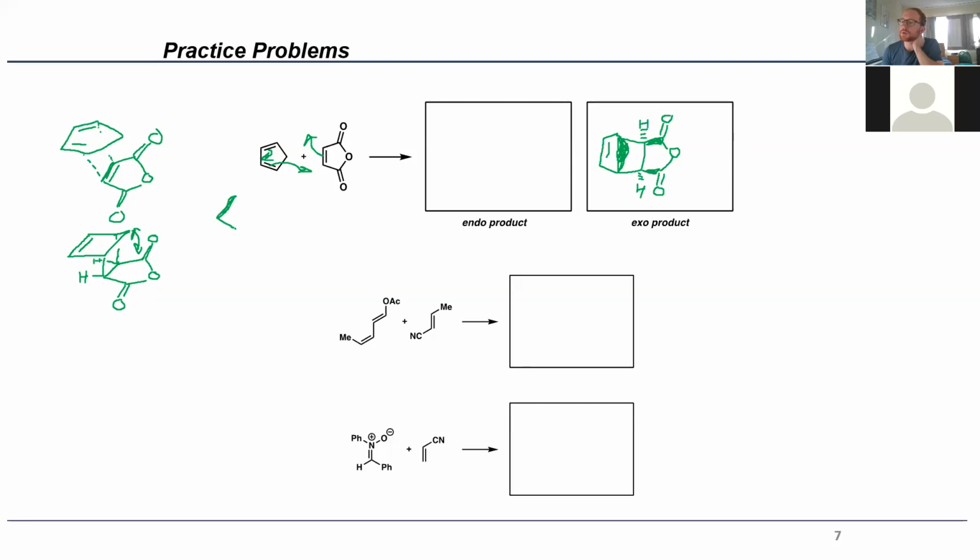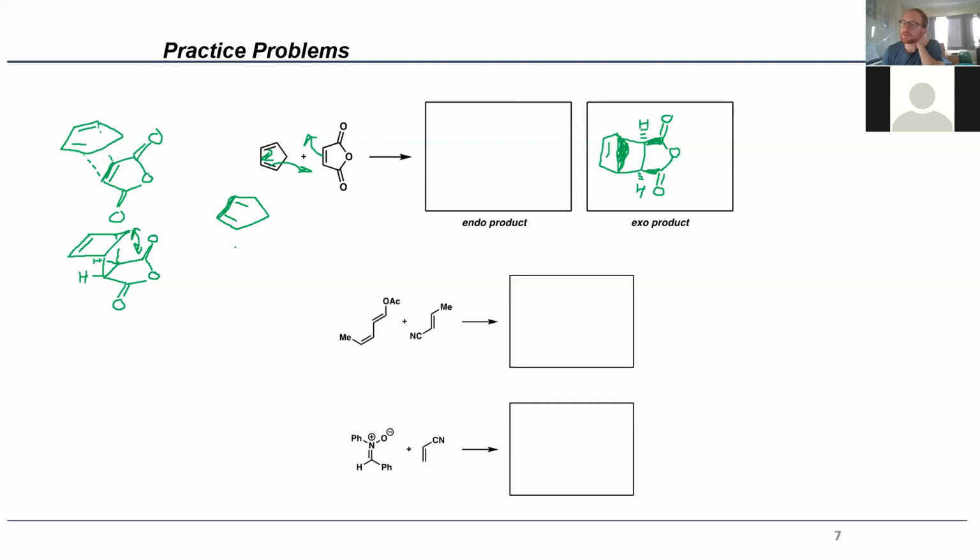So if we draw the alkene, the endo transition state has these groups pointed inward so as to allow for a secondary orbital interaction between these pi accepting carbonyl groups and the internal pi orbitals of the diene.